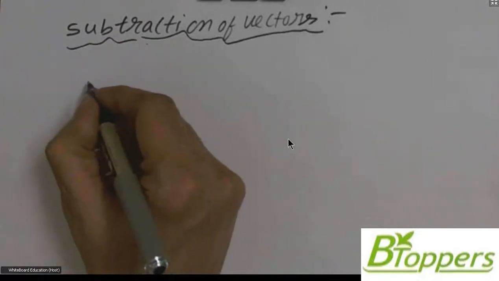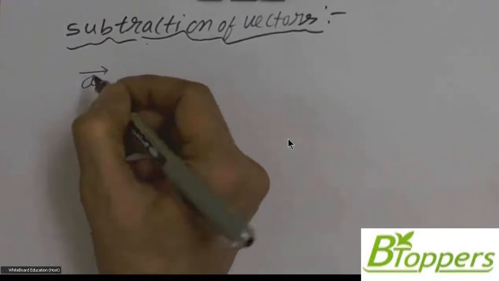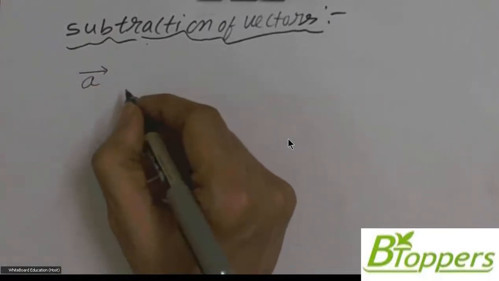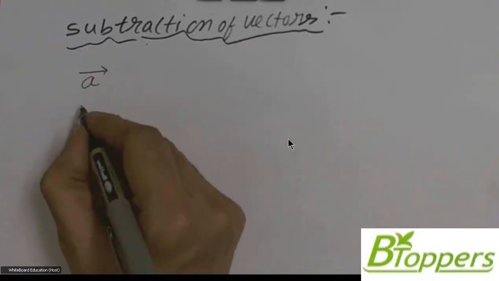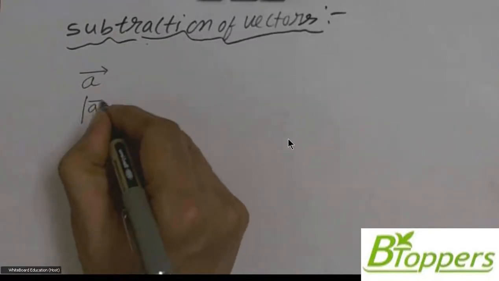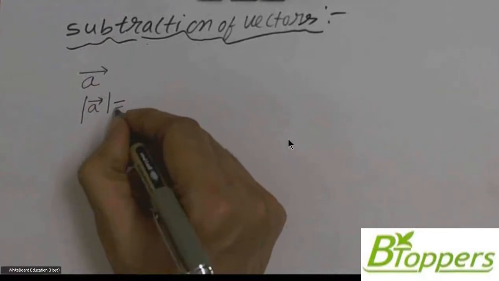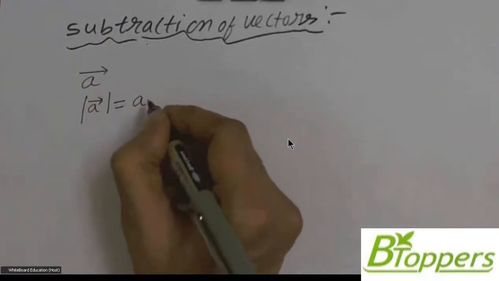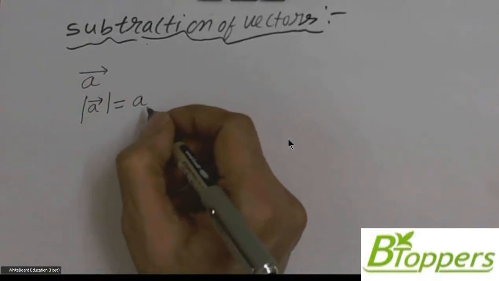Mathematically, a vector is represented by a letter or alphabet with a bar symbol above it. Suppose A bar is a vector, as I discussed previously, the modulus or magnitude of vector A bar may be denoted by the letter A without the bar symbol.